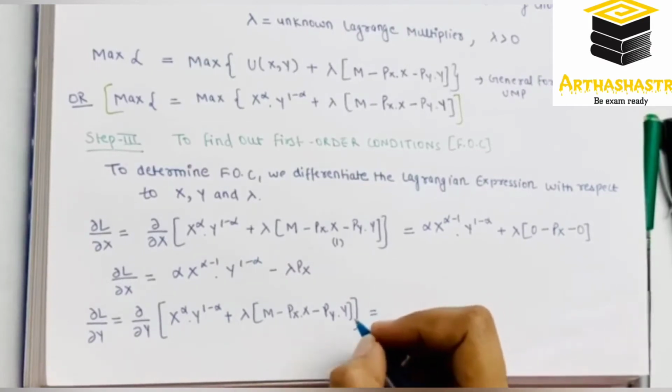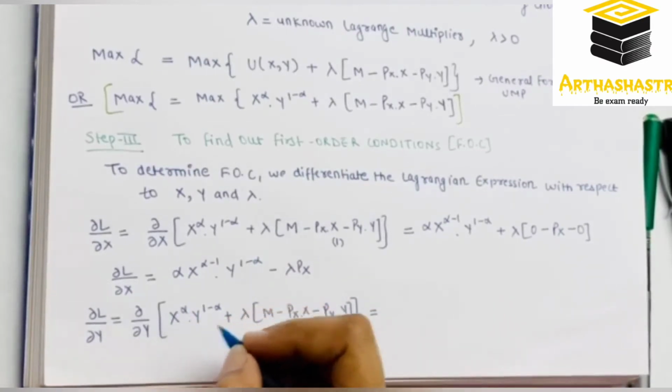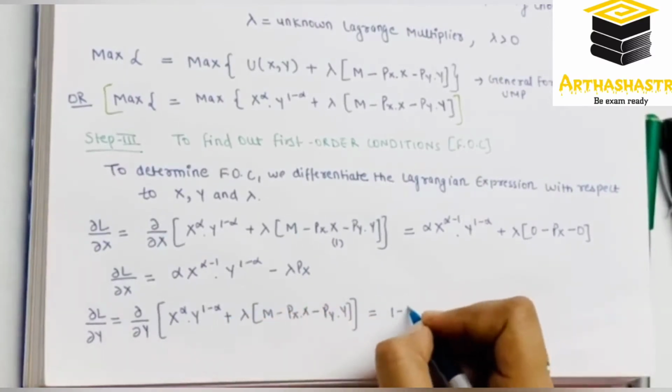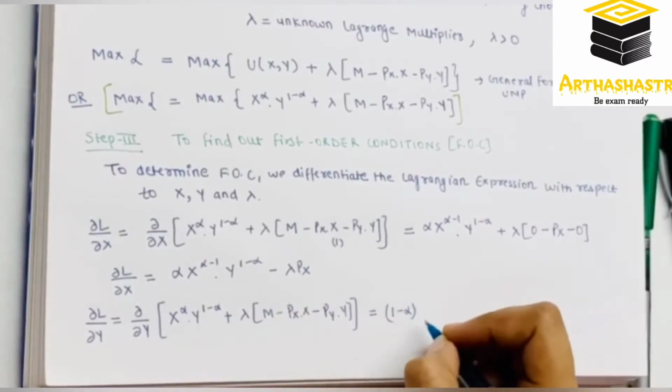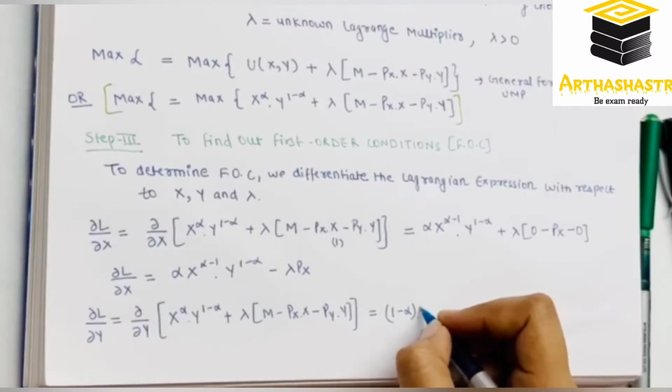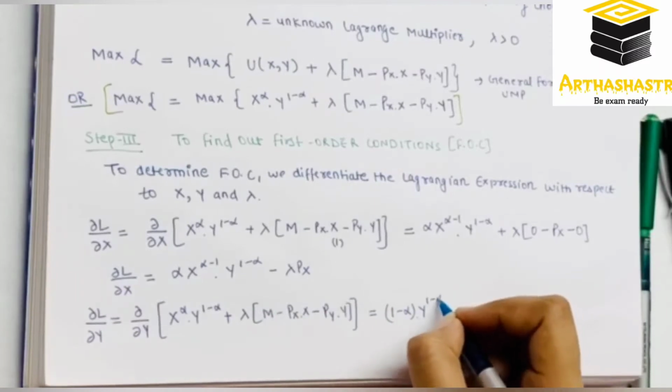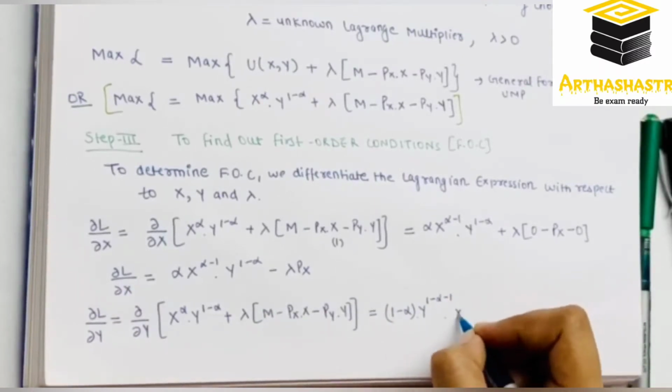So x to the power alpha being a constant will remain as it is, and 1 minus alpha comes outside times y to the power 1 minus alpha minus 1, times x to the power alpha.